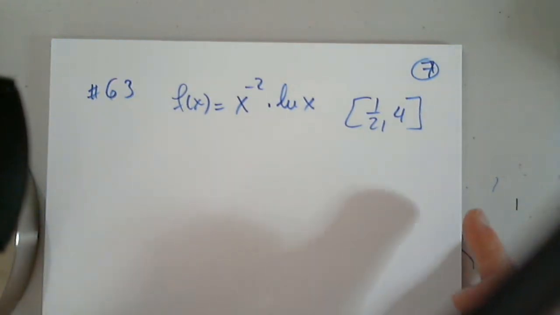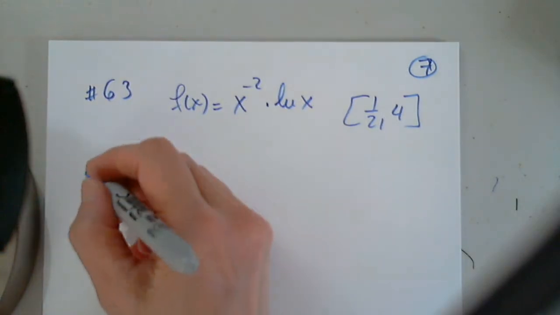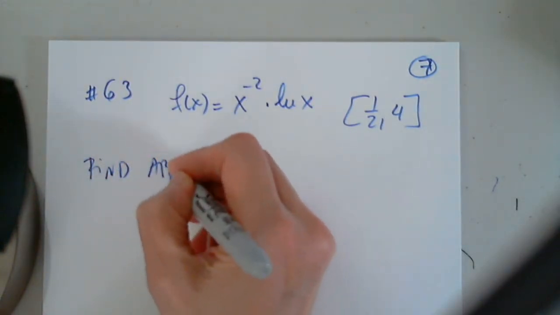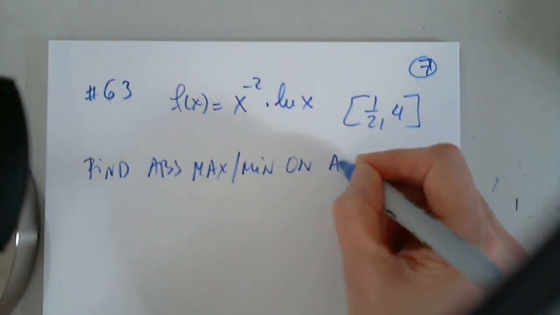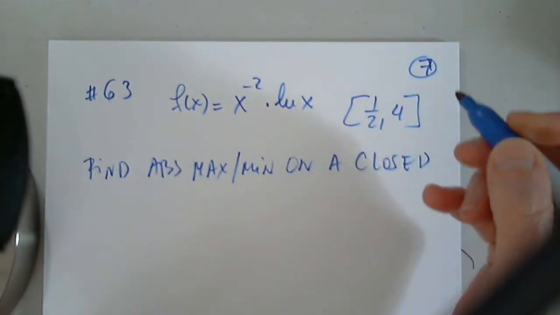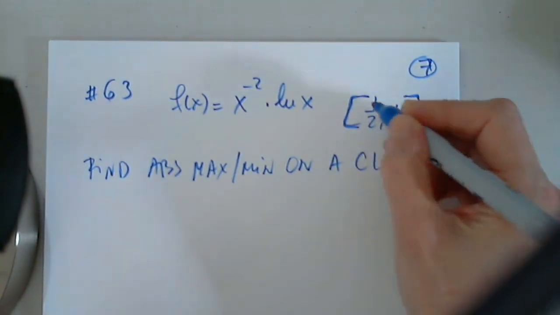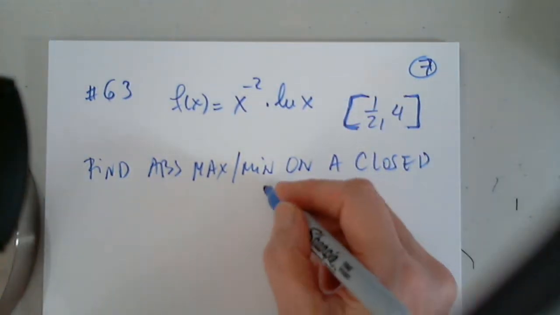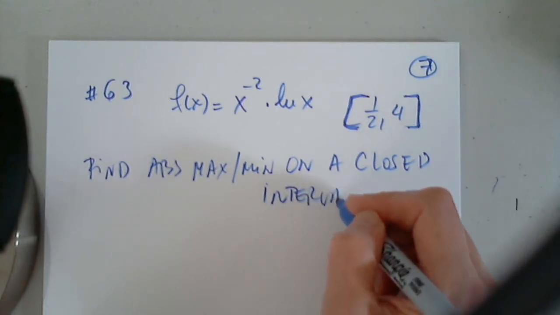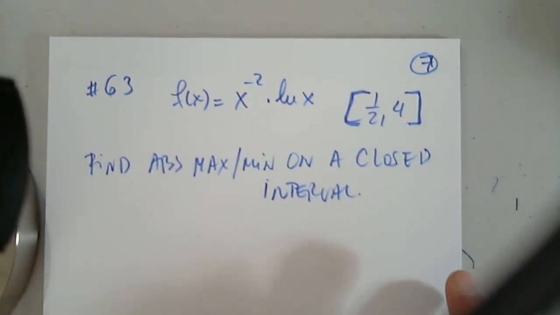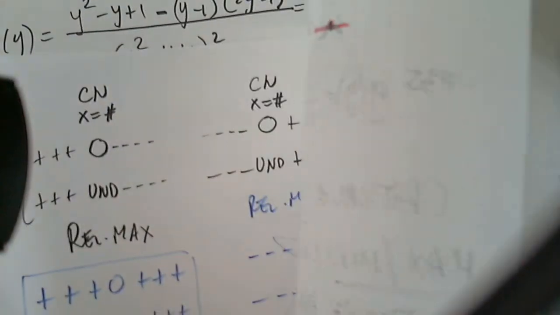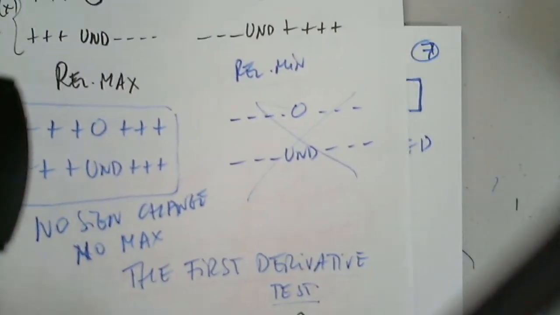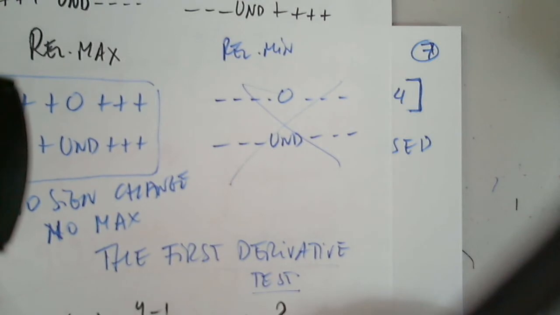This is a totally different type of problem. Here we're asked to find absolute max and min on a closed interval, so when we have brackets, we call it a closed interval, not on the entire domain. Before, we were asked to find critical numbers and whether they change into max or min.